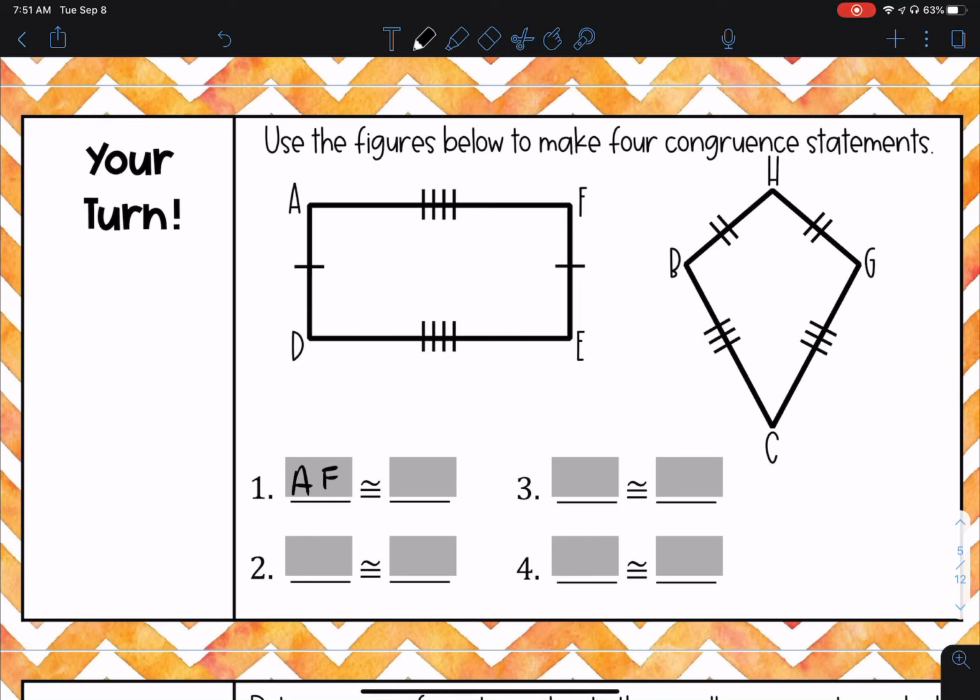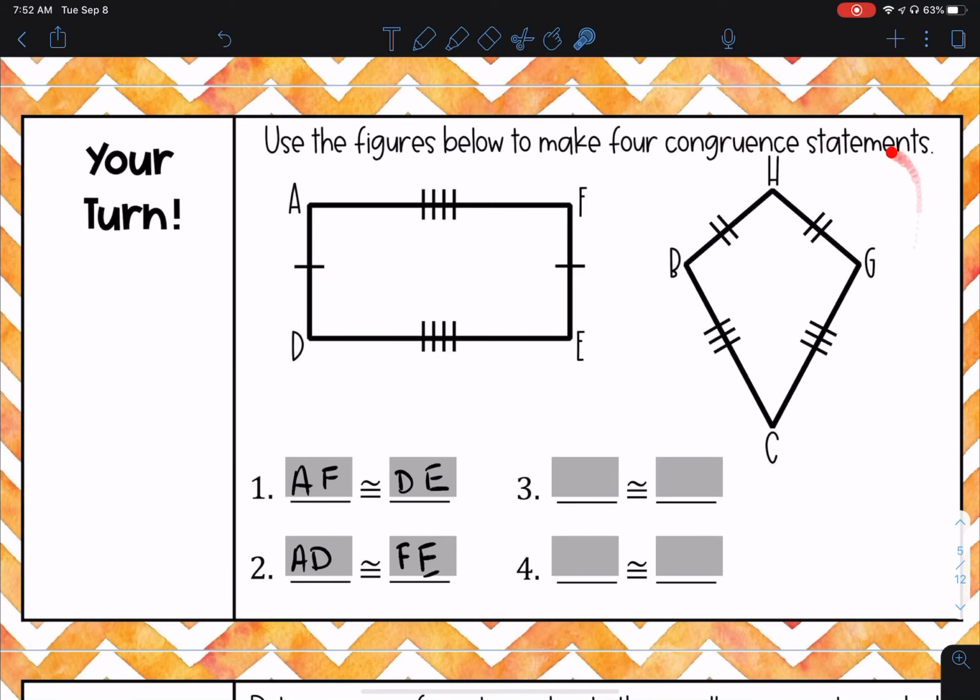AF is congruent to DE. Another one I could say is AD is congruent to FE. So AD is congruent to FE. Remember, they're labeled by one tick mark, so this is the same thing as this one.